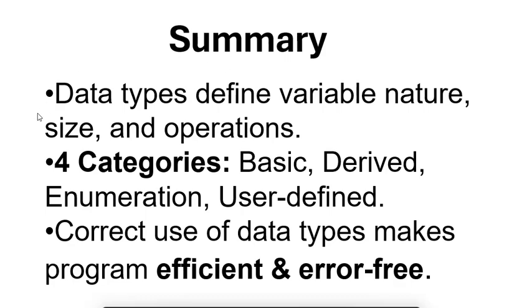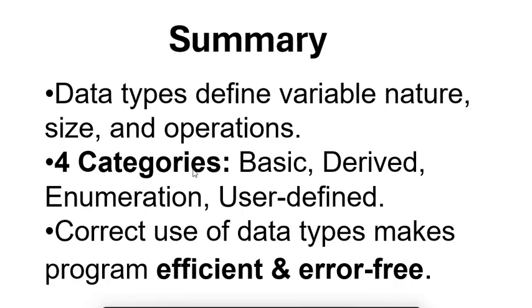The summary, whatever we have discussed in this video, let us discuss once again. Data types define the variable nature, size and operations. Here the data type defines the variable nature, which kind of value is stored in that variable, and based on that the size and operations.